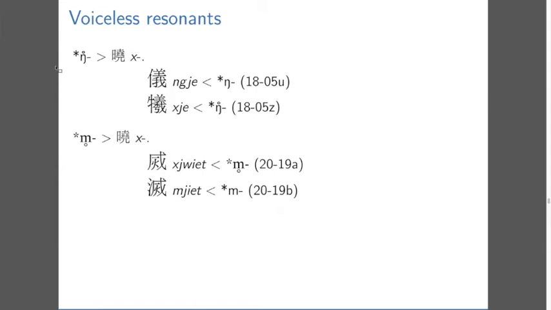So we propose maybe there were voiceless labial resonants, and those change, maybe with some conditioning environment that I'm not going to get into here, into voiceless velar fricatives. Okay, so now you see an example of the xiésheng principle in action: how we use this well-founded assumption to internally reconstruct Middle Chinese to fit the xiésheng hypothesis.